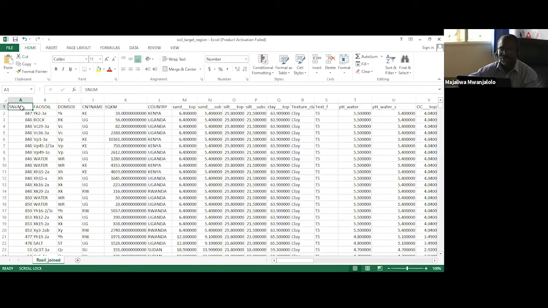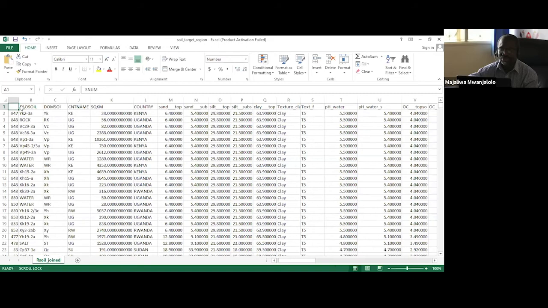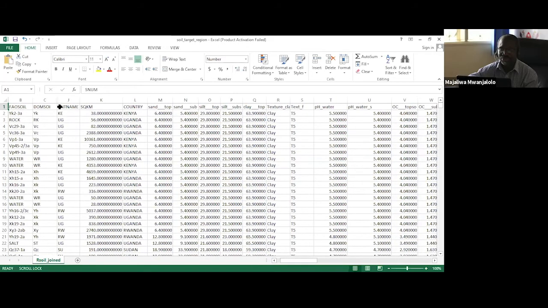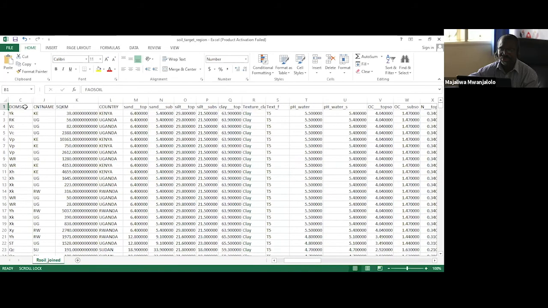So you will actually see in this Excel sheet you have the name of the country, the FAO soil classification code, the code of the country, and then the area for that unit.